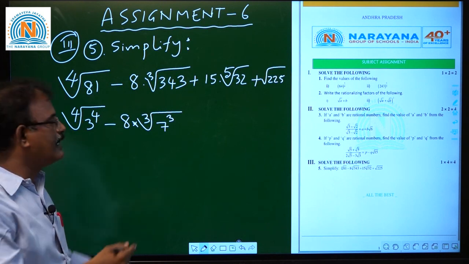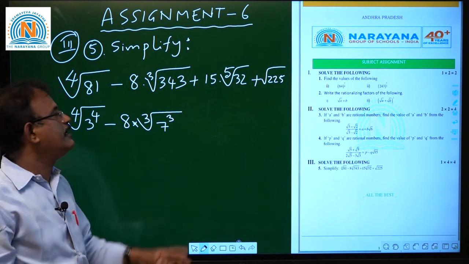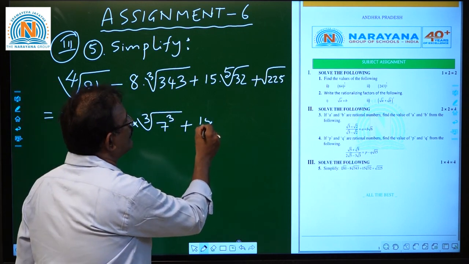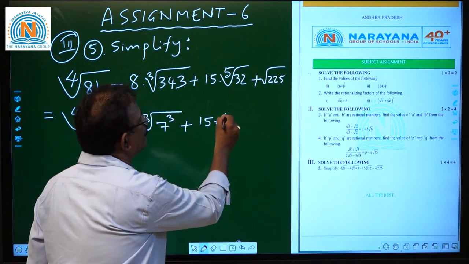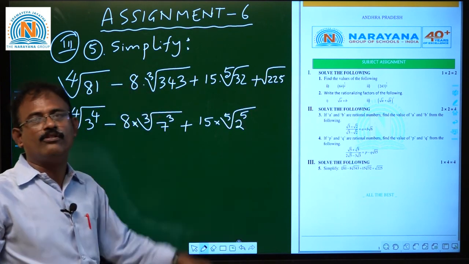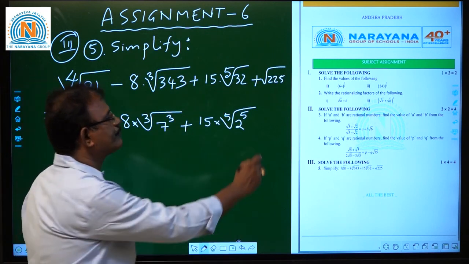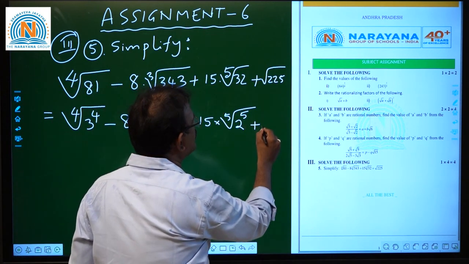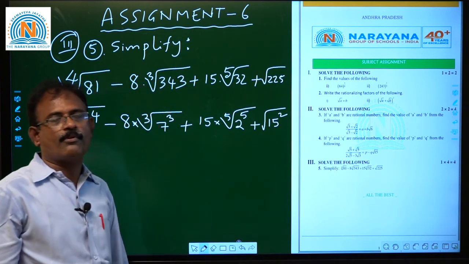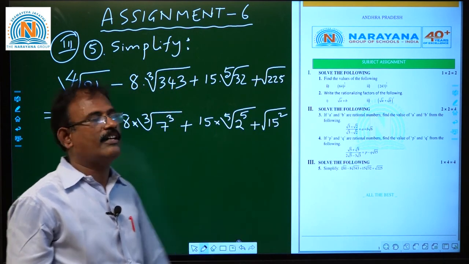When 7 is multiplied by itself 3 times, the product will be equal to 343. Okay, plus 15 into 5th root of, you know very well, when 2 is raised 5 times, the value is 32. And this is 15 raised 2 times, the product gives 225.